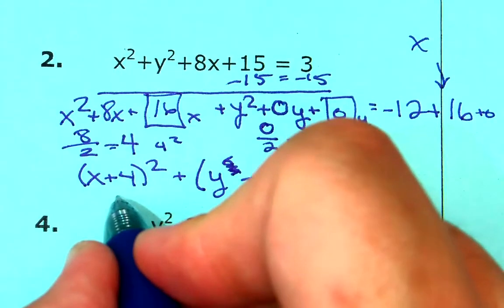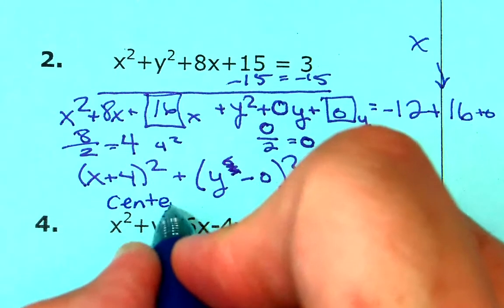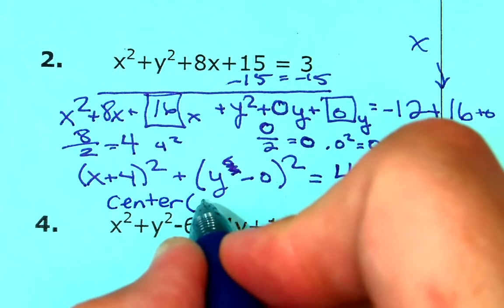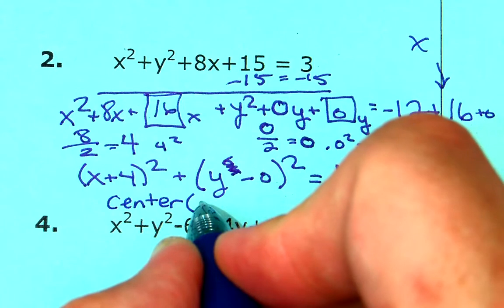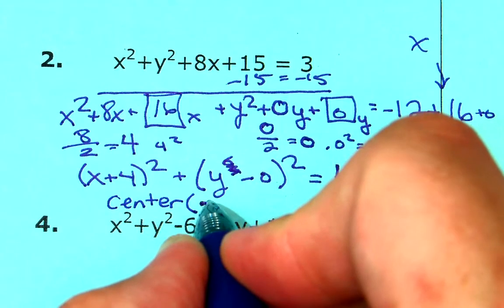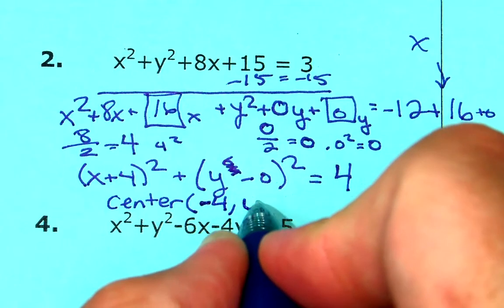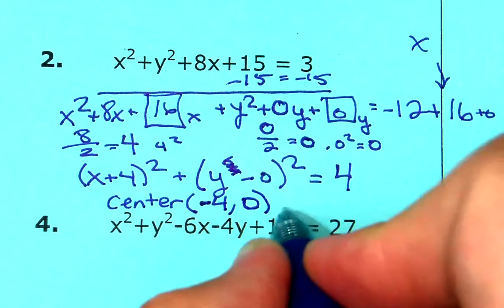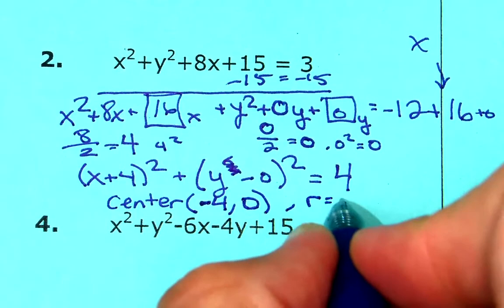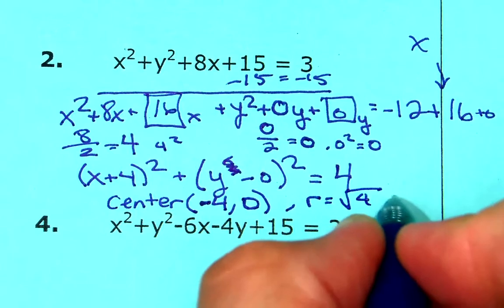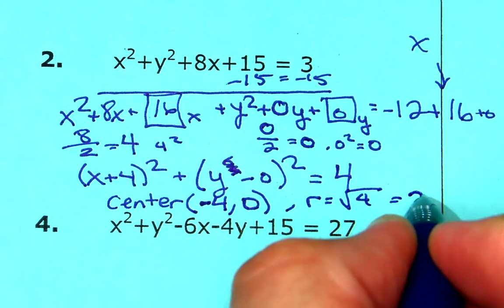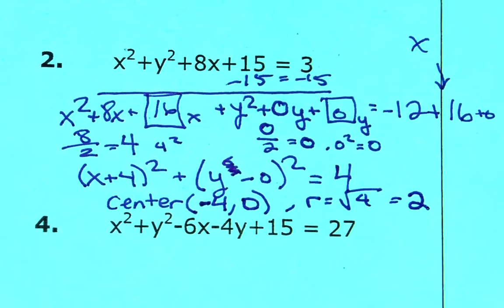So my center is at, am I going to use 4 or negative 4? Negative 4. What's the y value? 0. And my radius is equal to the square root of 4, which is 2.